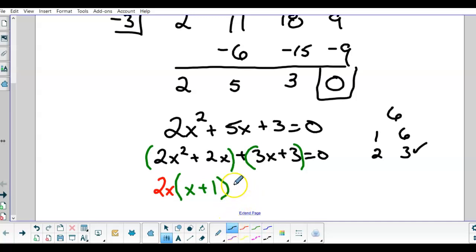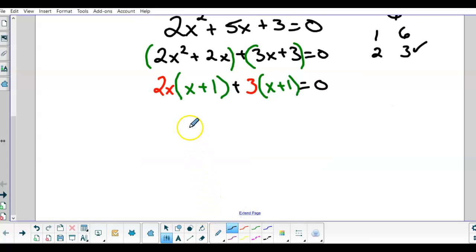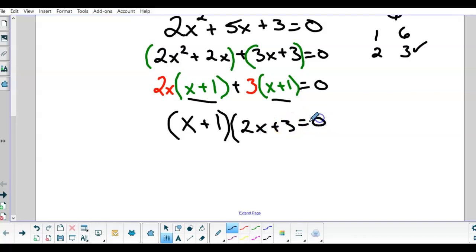Okay, plus, I'm going to factor out of the second parentheses a 3. And that leaves me with x plus 1. So my parentheses are the same, so they can get factored out from this polynomial. When I factor those out, I get x plus 1, because these are the same, times 2x plus 3 is equal to 0.